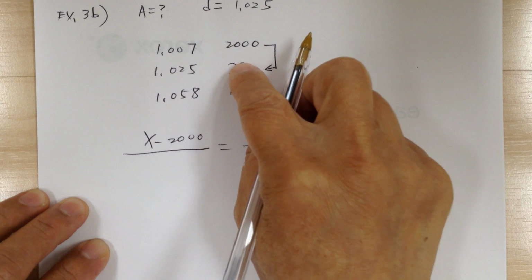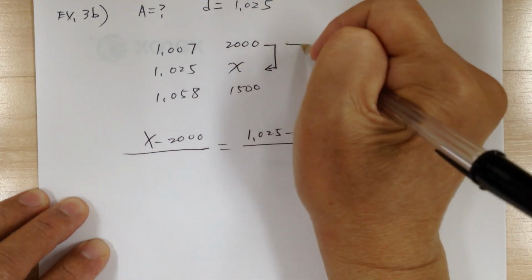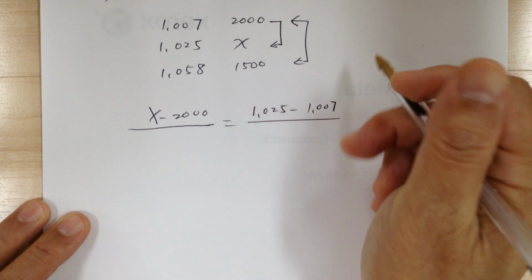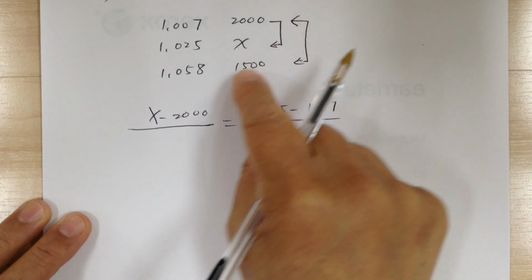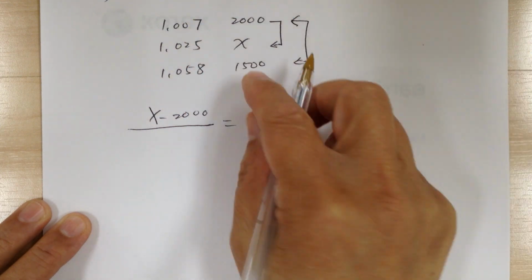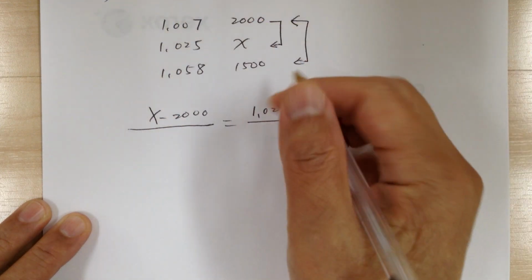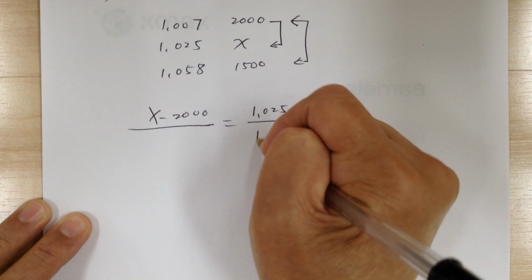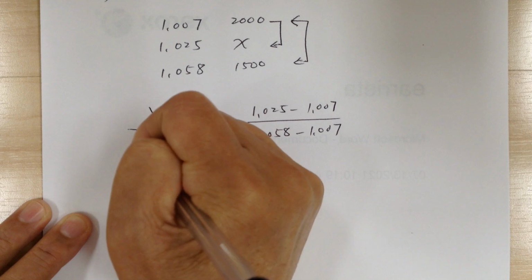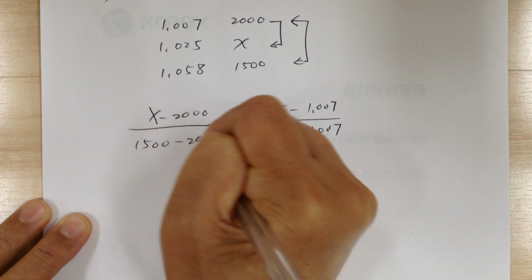Again, I want to avoid that variable on the bottom, so I'm going to use this pair. I don't like to use small minus big, so I'm going to use this minus that: 1.058 minus 1.007, so I get 1,500 minus 2,000.